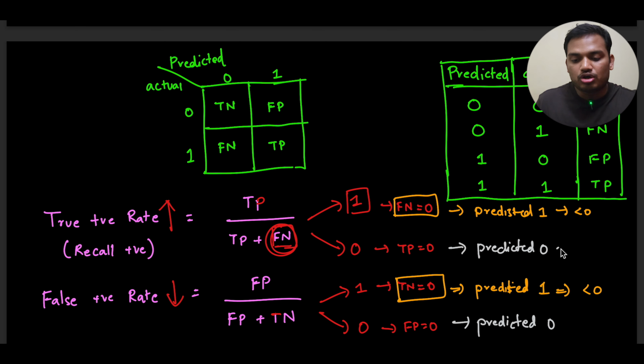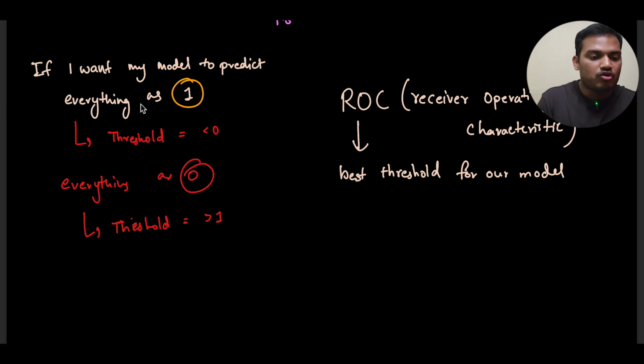That's why, in order to make this, what should be my threshold value? My threshold value should be slightly greater than 1. That we have already seen over here. If you want every predicted value as 1, then we should have threshold less than 0. And if you want every predicted value to be 0, then we should have threshold greater than 1.